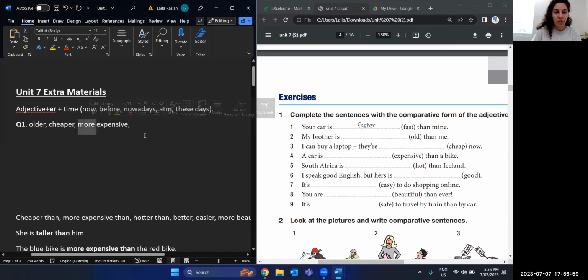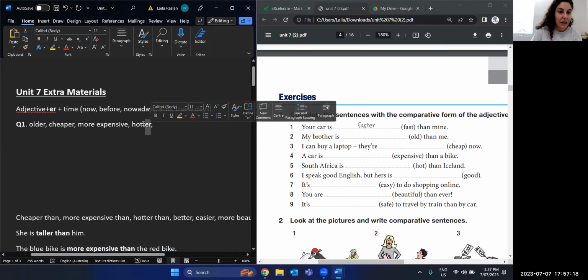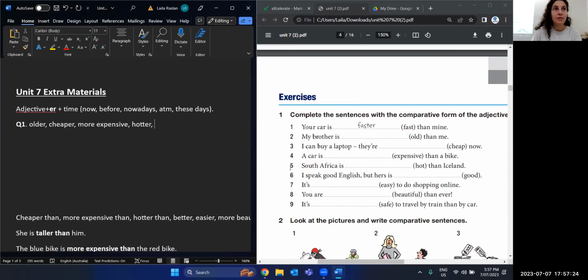So we need to add more. Is more expensive than a bike. Odilon, 5. Yeah. Yep. So it's a short adjective. We just add ER, but we need to double the letter. Yep. Number 6.